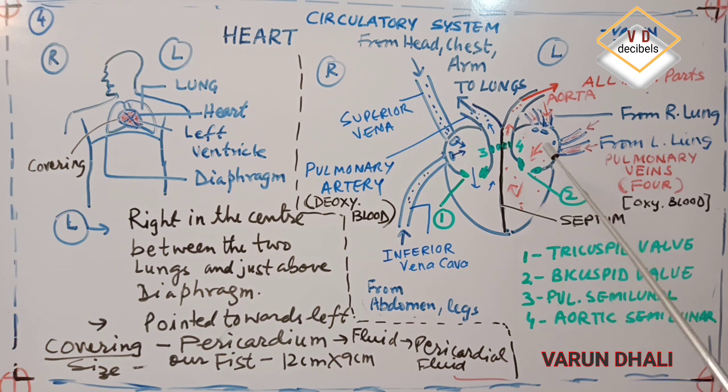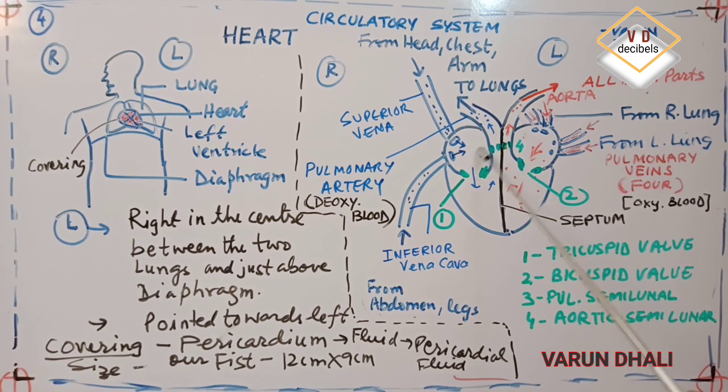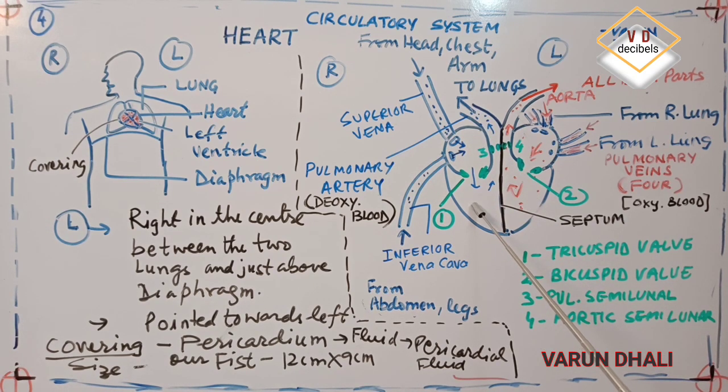And our heart, please note one more thing, our heart contains 4 valves. I have given the numbers: first valve, second valve, third, and fourth. 4 valves are present inside the heart, and they prevent backflow. The valve present on the right side between the right auricle and right ventricle is named tricuspid.